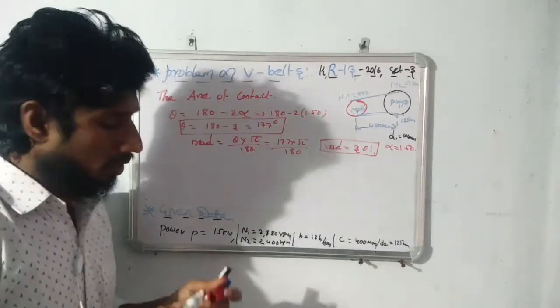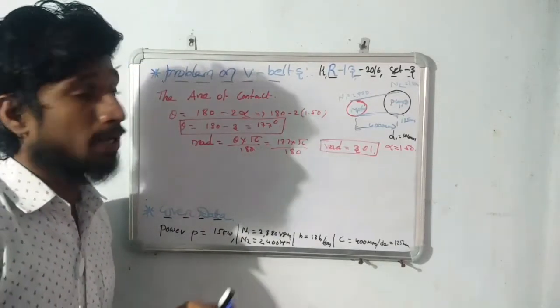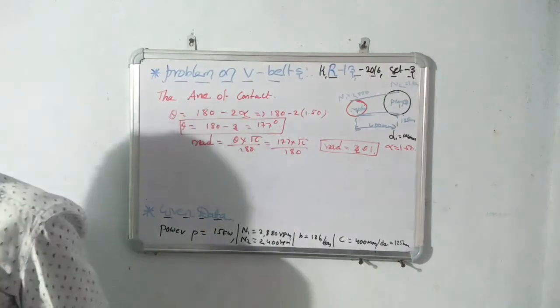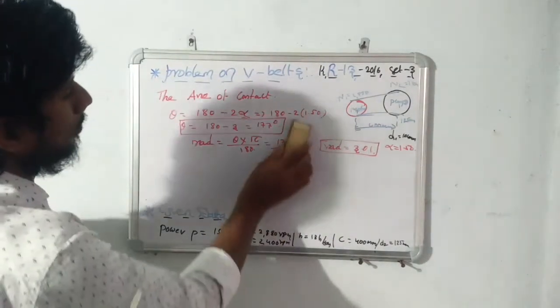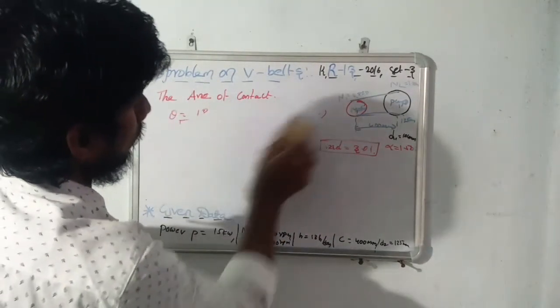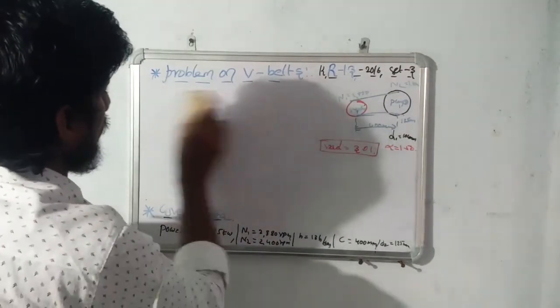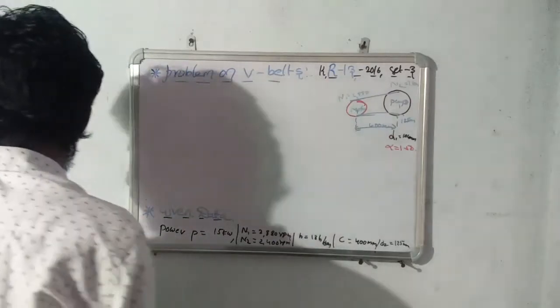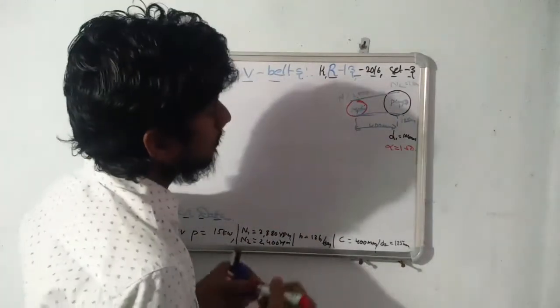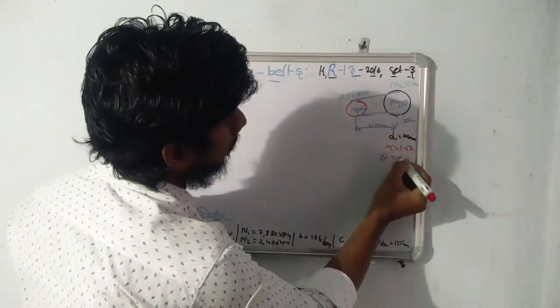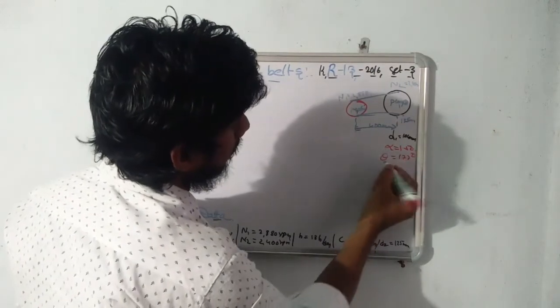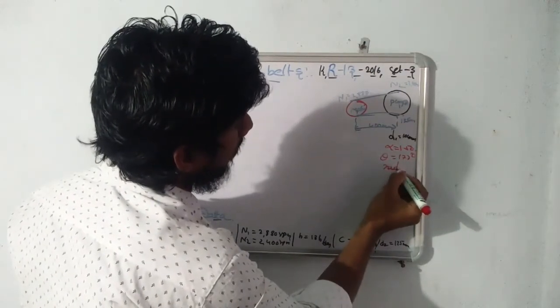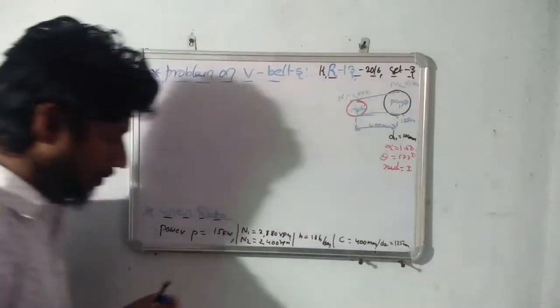Let's start with the design process of the V-belt drive. Let us consider theta equal to 177 degrees, and in radians that is equal to 3.